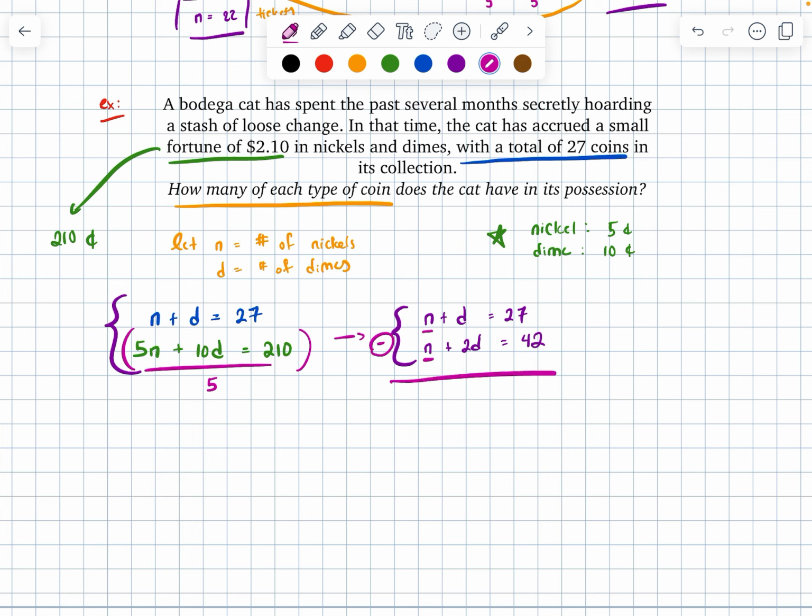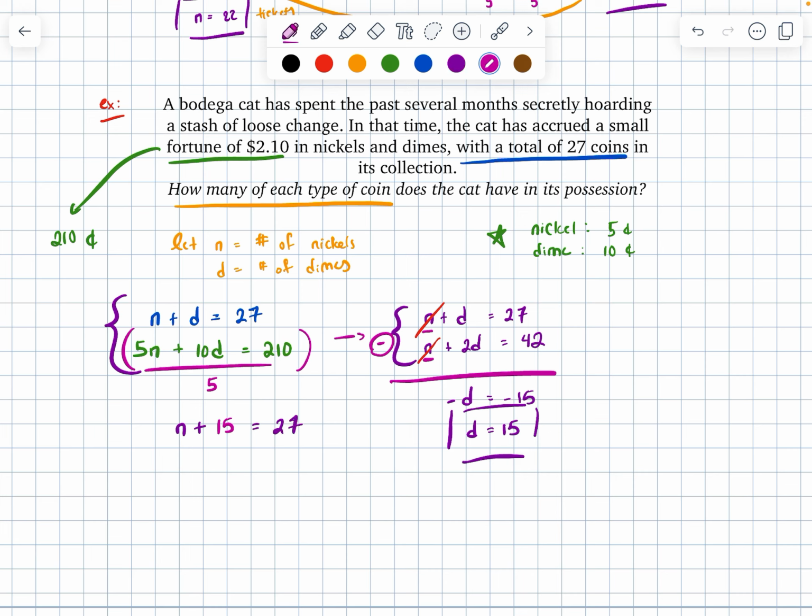And now, would you look at that, I've got 2 n's here that I can cancel out by subtracting. N minus n is 0. D minus 2d is negative d. And then 27 minus 42, well, that's negative 15. If negative d is equal to negative 15, then positive d should be equal to positive 15. Knowing what the value of d is, I can now find the value of n. Well, I know n plus d from the top equation is equal to 27.